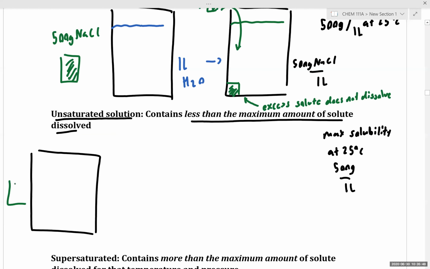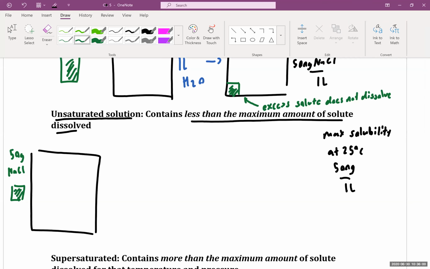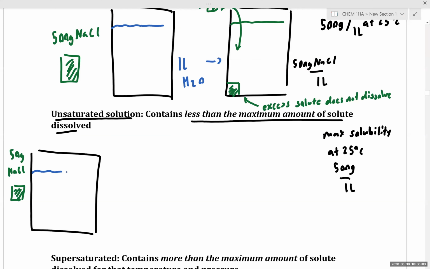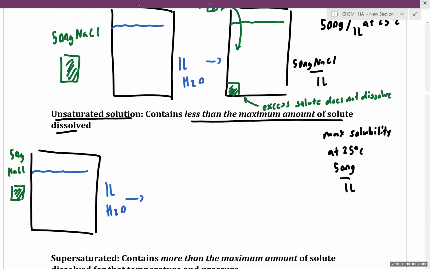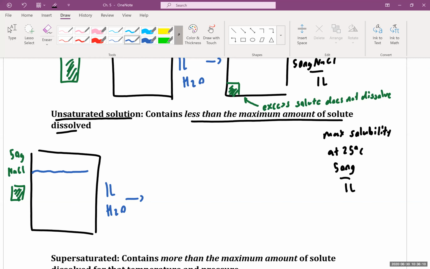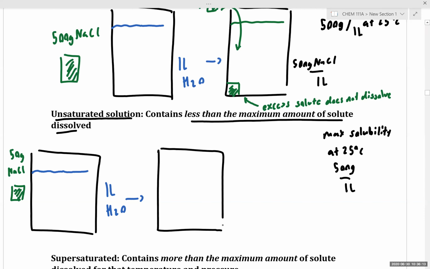Now, suppose instead of dissolving 500 grams of sodium chloride, we just dissolve 50 grams of sodium chloride in 1 liter of water. That in turn would give us an unsaturated solution, as we only have 50 grams per 1 liter.